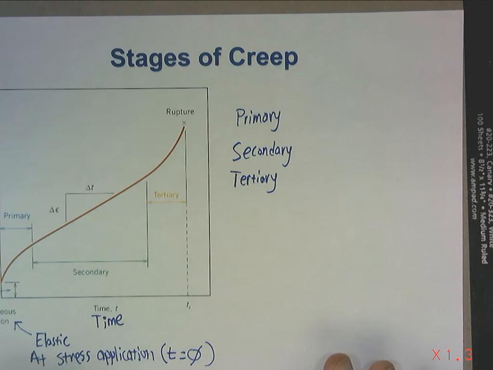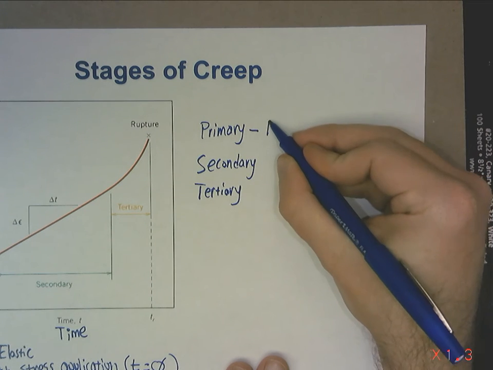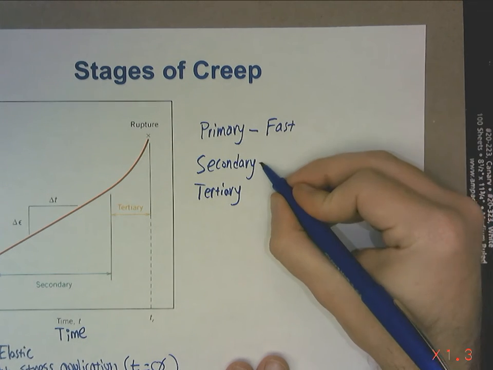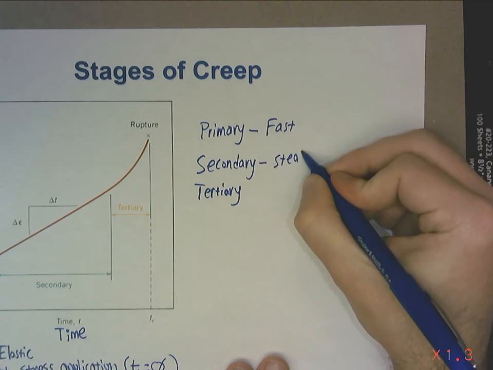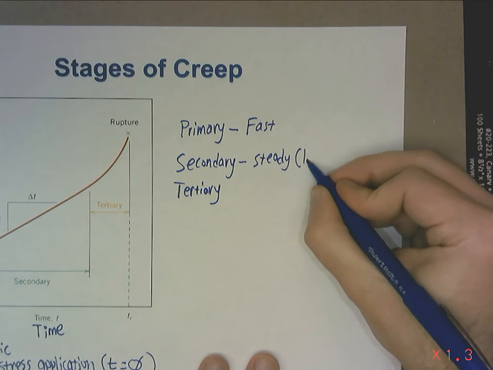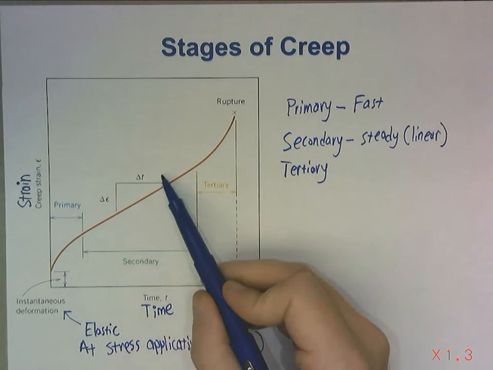I'm not going to go into a whole lot of detail on this, but this is a fast region. This is a steady. It's linear. So this here is linear.